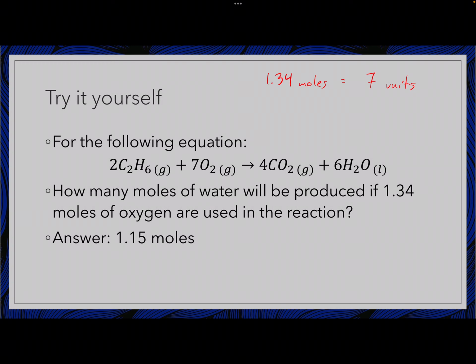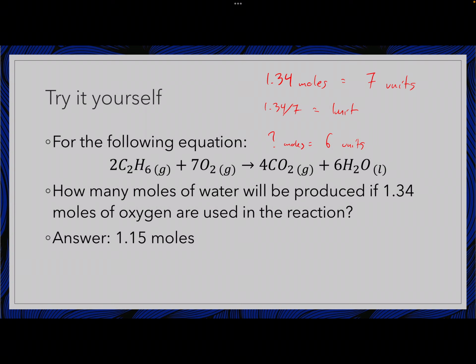Now, we want to find 6 units' worth, so water: our question mark moles equals 6 units. So we divide 1.34 by 7, and that'll give us the value for 1 unit.